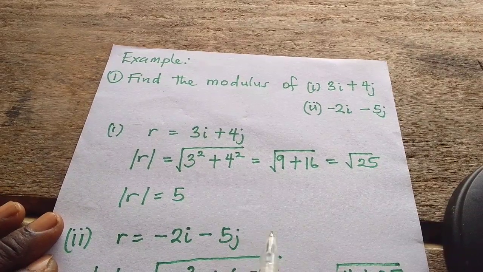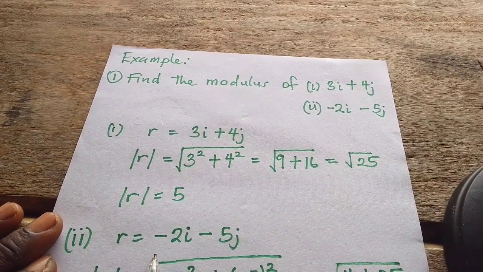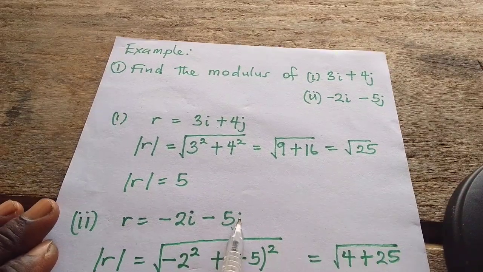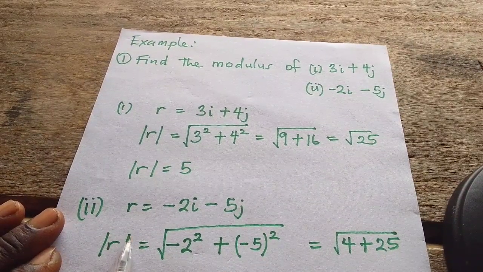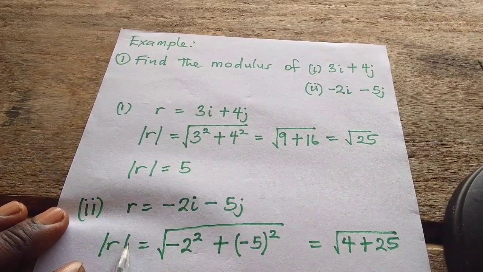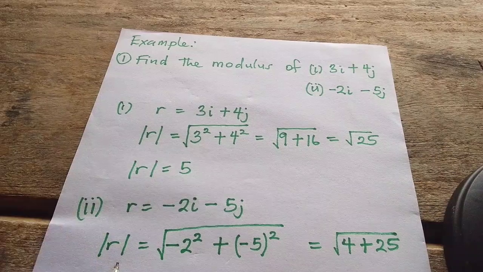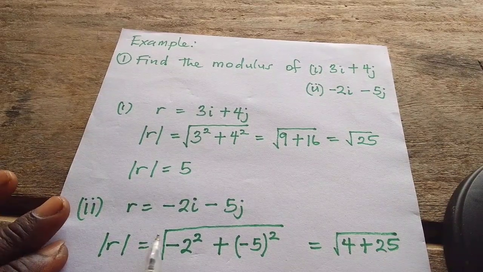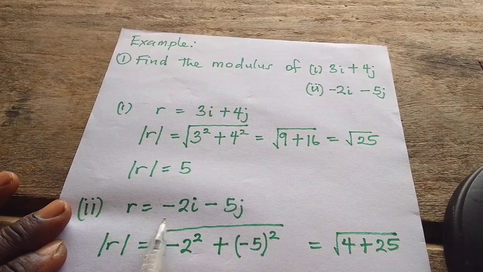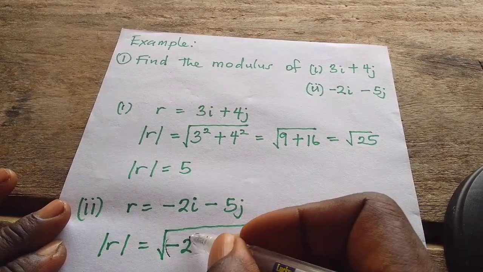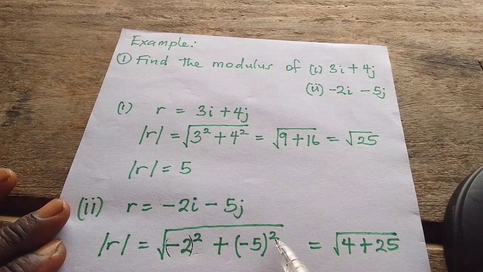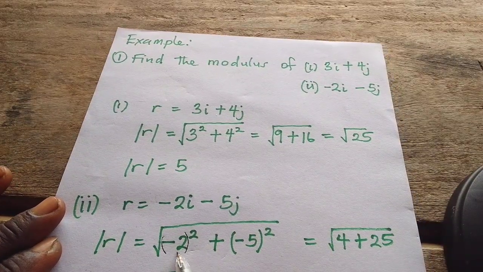Now for the second one, we are looking for the modulus of minus 2i minus 5j. To get the modulus, you must show the two lines, the vector is between two lines, showing that you are talking about the modulus or magnitude of the vector. Then the square root of the square of the x component, which here is minus 2 squared plus minus 5 squared.